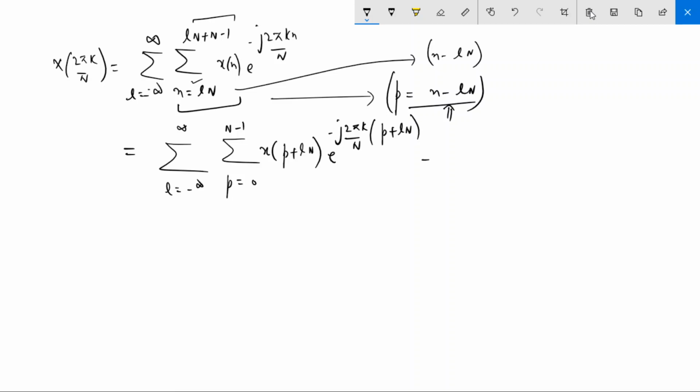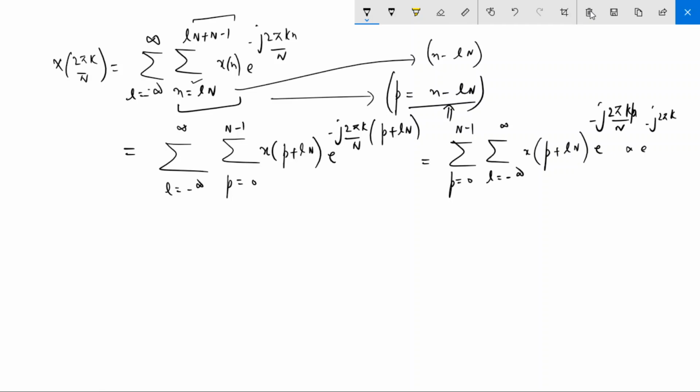Okay. And if you interchange the order of summation here, I first write p equal to 0 to n minus 1. Then l is equal to minus to plus infinity, x of p plus ln, e raised to power minus j 2 pi k p by n, into e raised to power minus j 2 pi k by n into ln.